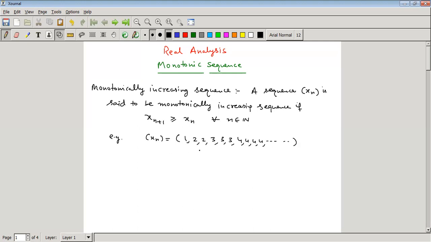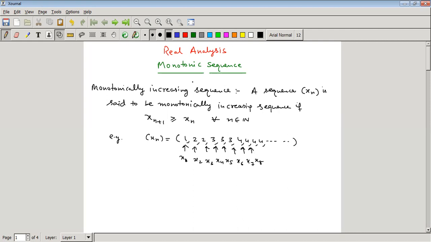This sequence is monotonically increasing because this is the first term x1, this is the second term x2, this is the third term x3, this is the fourth term x4, and then x5, x6, x7, x8.